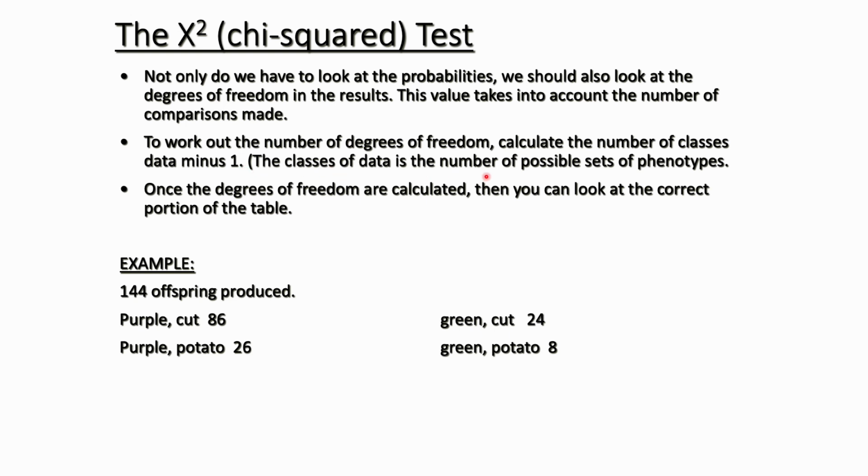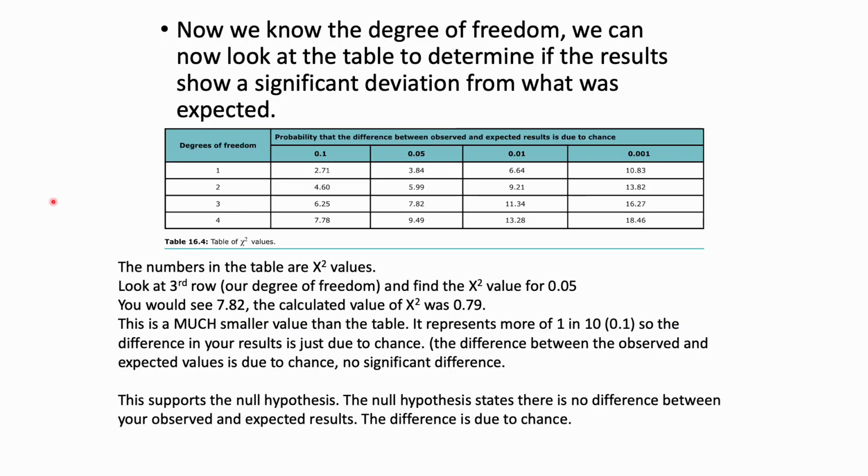Class data meaning the possible sets of phenotypes. In our example, we had 4 possible phenotypes. These were our 4 different phenotypes. So we would have 4 minus 1, which would give us a degree of freedom of 3.